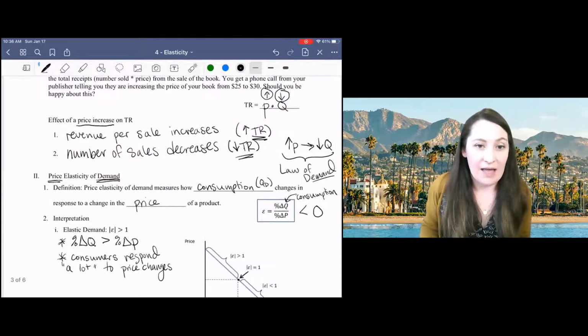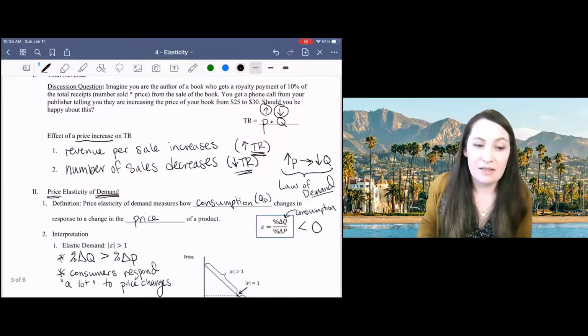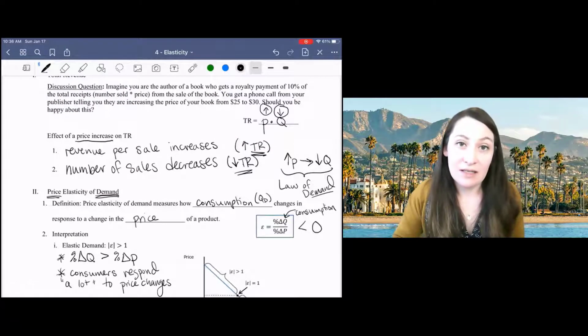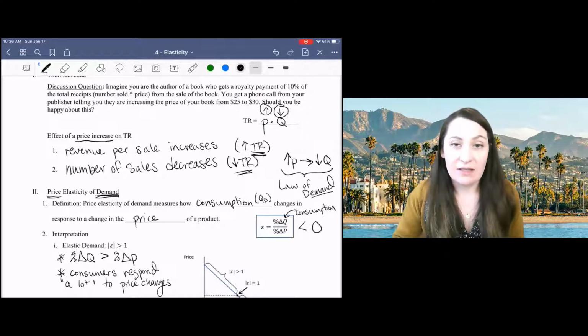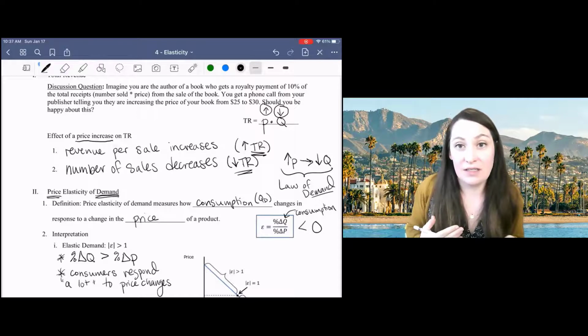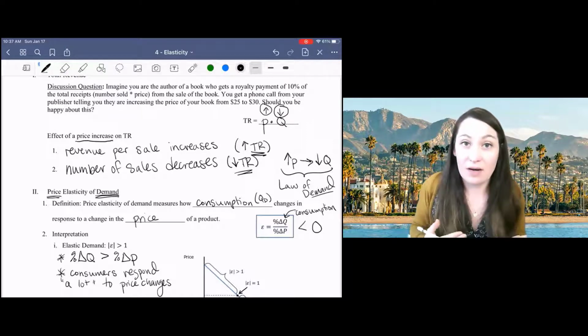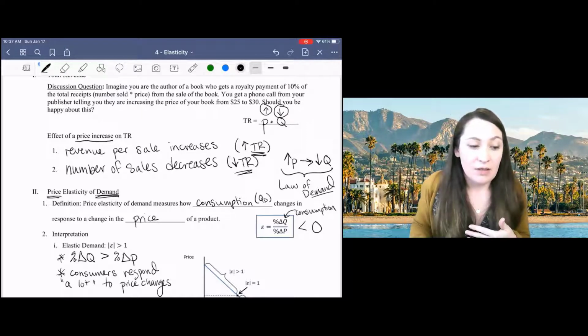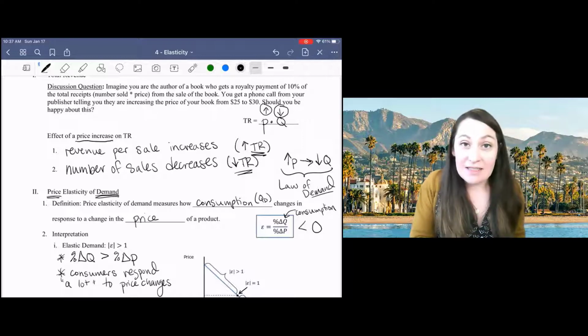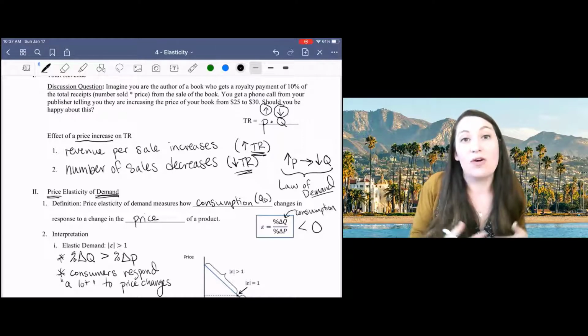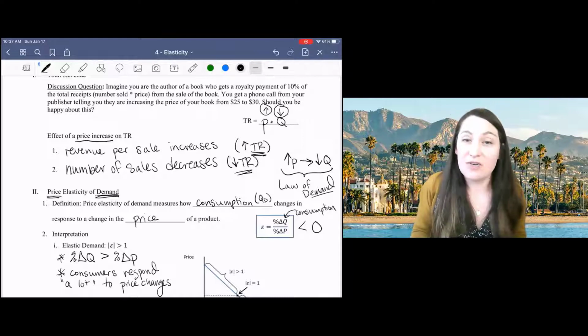Remember that an increase in price leads to an increase in revenue per sale, but a decrease in the number of sales. These are two conflicting forces that push total revenue either up or down. When we have elastic demand, we know that the quantity change, the decrease in sales, is large relative to the increase in price.